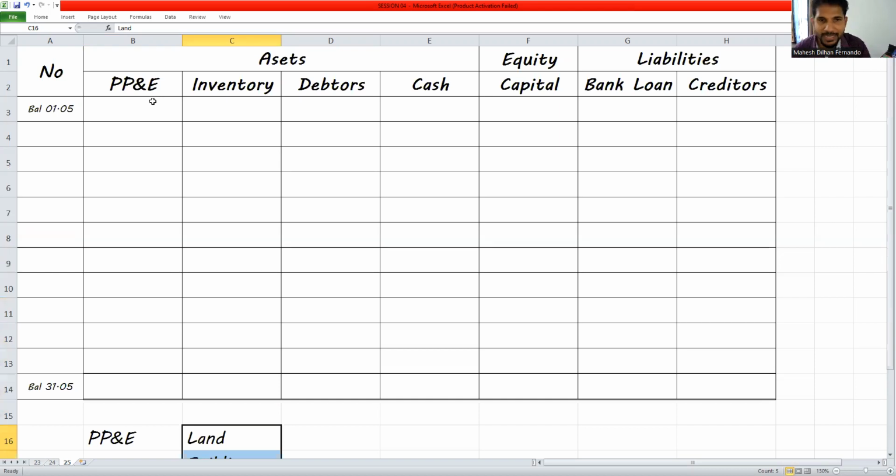Now let's record the balances. I told you office furniture comes under the PP&E. So it's an opening balance, 450,000. I think everyone is listening carefully. Opening inventory is 80,000. Trade debtors 70,000. Cash in hand 100,000.